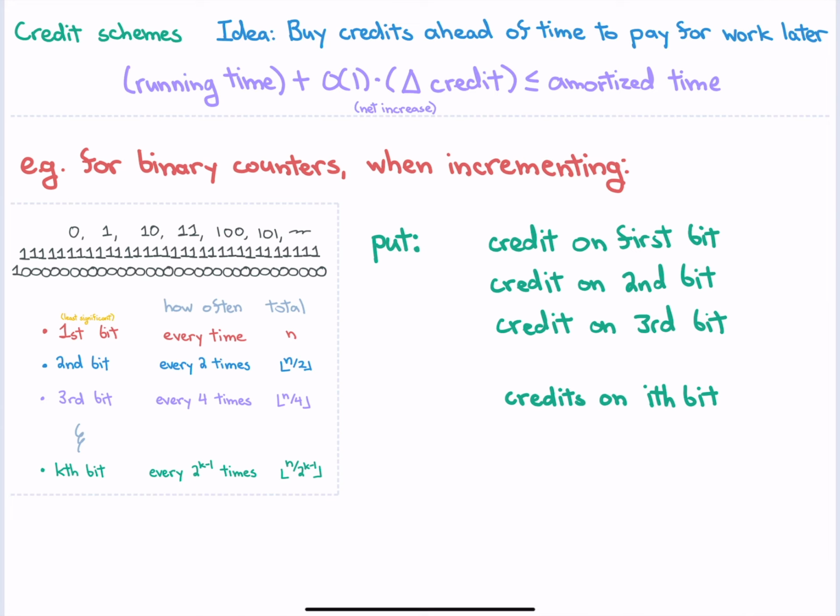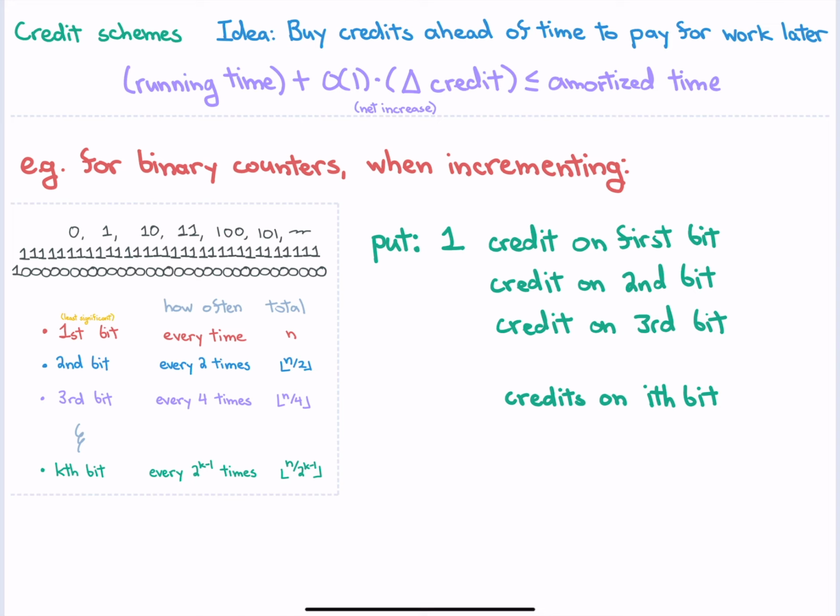Maybe I'll get us started. I put one credit on the first bit. I just put $1 on the first bit, and that bit gets flipped and uses the dollar right away. Now, how many dollars would I need to put on the second bit to make sure I've accrued $1 by the time it flips?